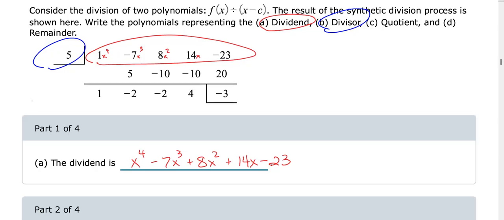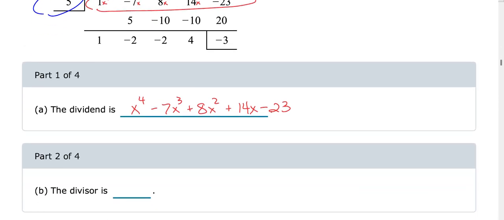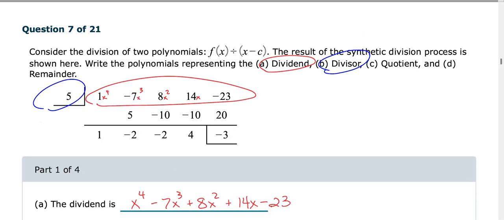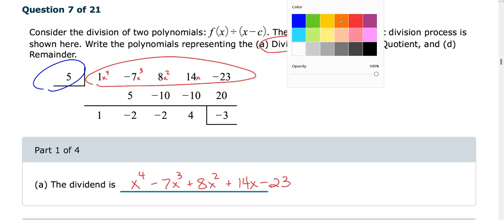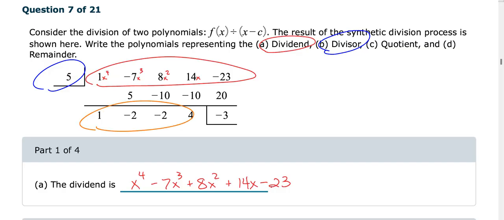Okay, the third one is the quotient. The quotient is what you get after you do the division. So the quotient is going to be down at the bottom. Now remember, there's no x, there's an x squared, and an x cubed. Your dividend reduces by 1 degree when you get down to the quotient. Every time you do the synthetic division, you started with an x to the 4th, now you have an x cubed.